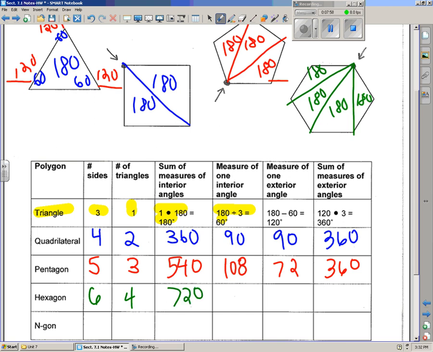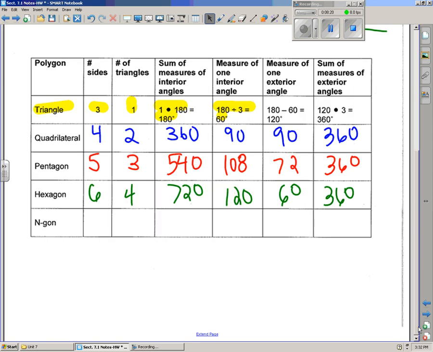If I divide that total sum, 720, by 6 angles on the inside, each angle becomes 120 degrees. If an inside angle is 120, its outside angle is 60. There are 6 outside angles because there are 6 sides, so the sum of all the outsides is 360. There should be a definite pattern that you're seeing.